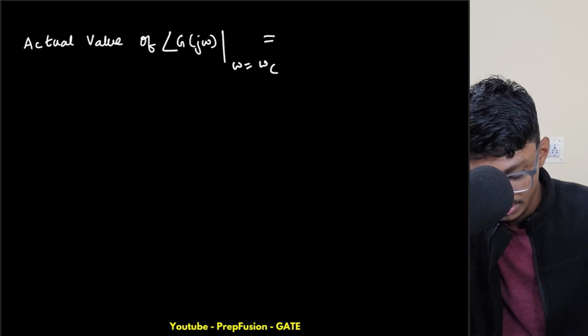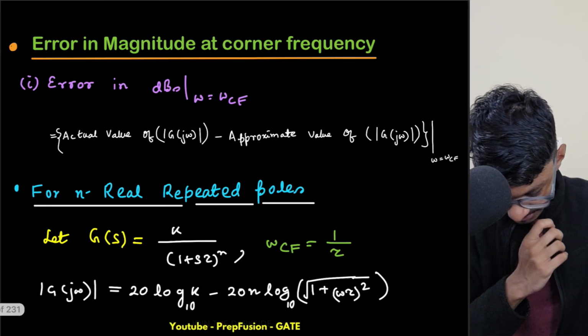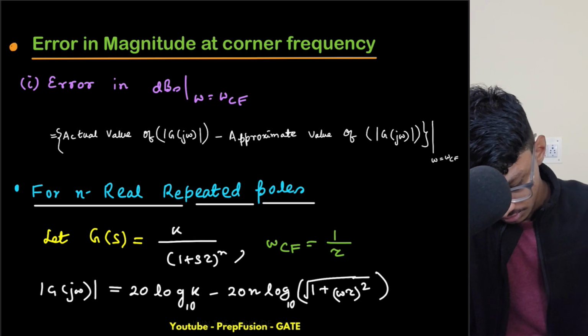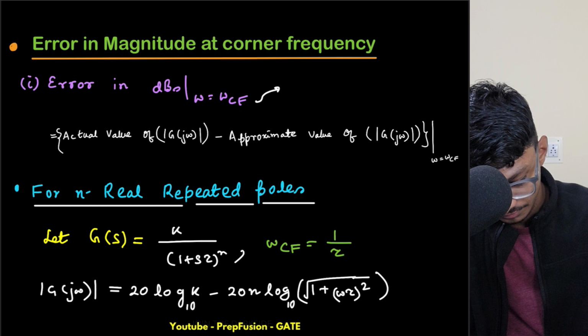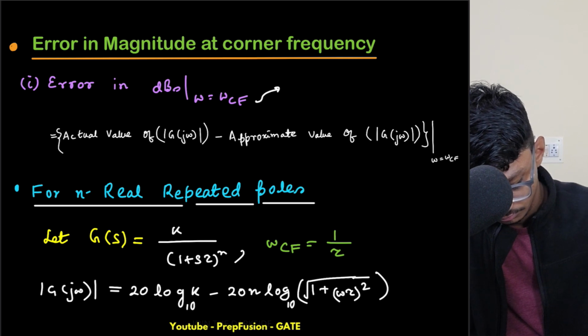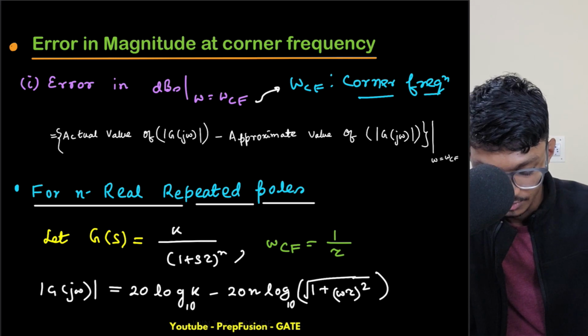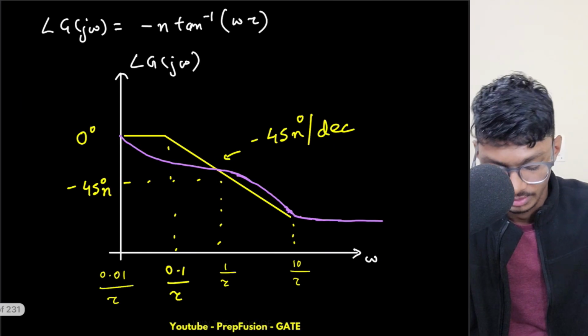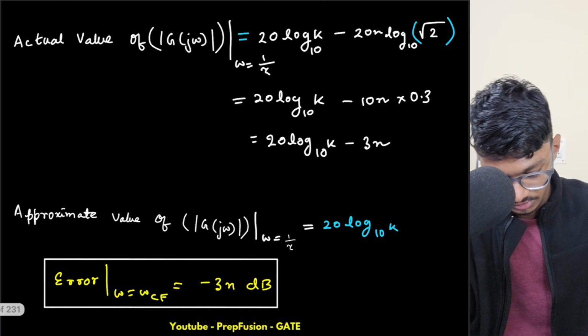Omega CF is the corner frequency. Let me define omega CF here at the starting, because else you'll get confused. In this case the corner frequency is 1 by tau. So both of them are the same thing. If I write 1 by tau or omega CF, they are talking about the same thing.